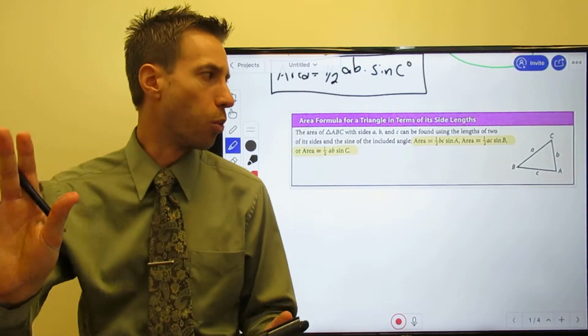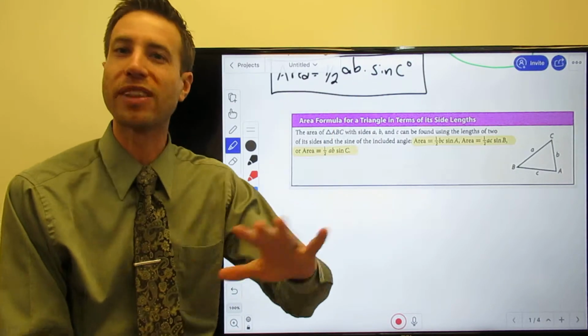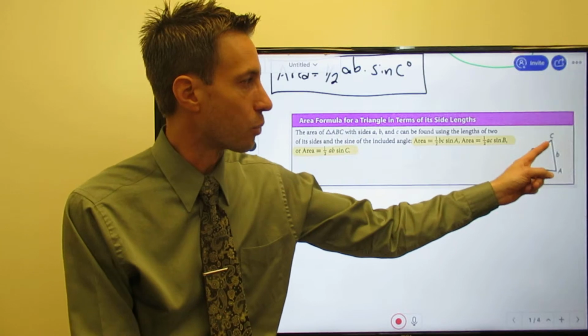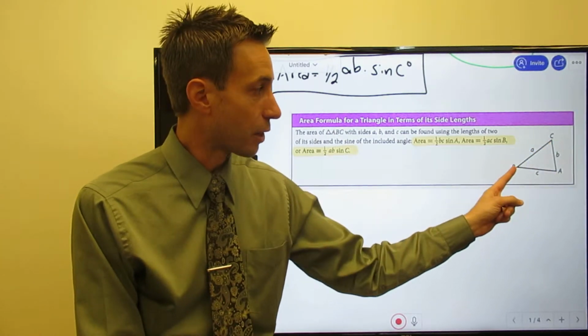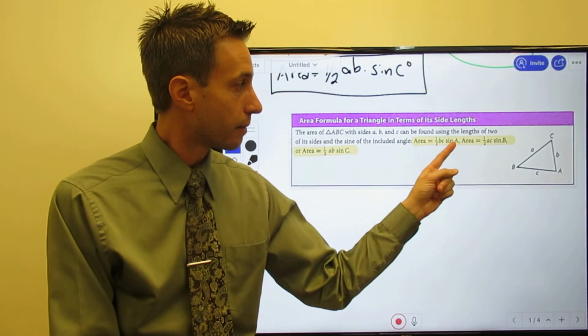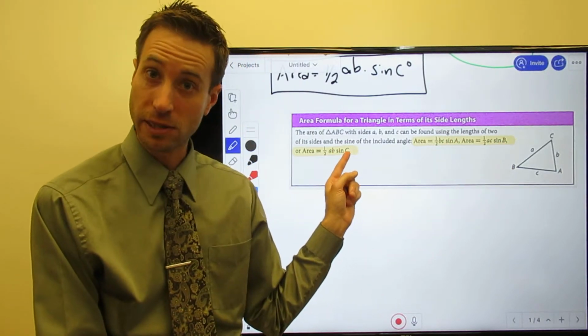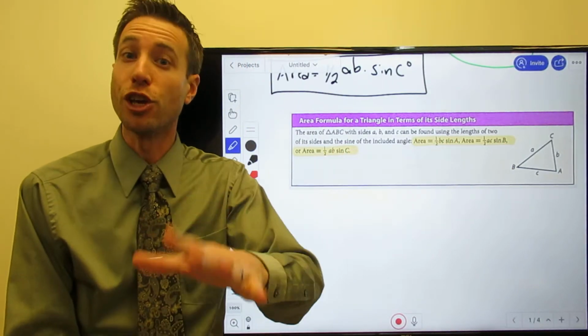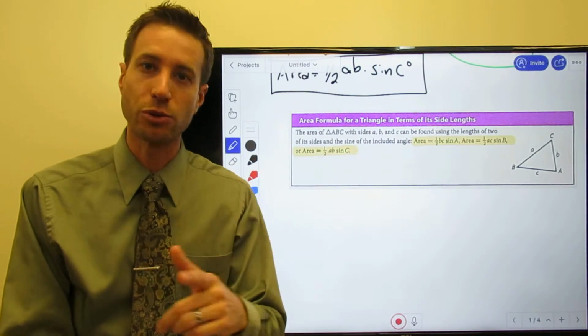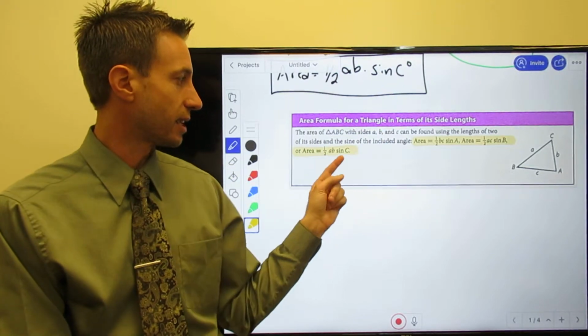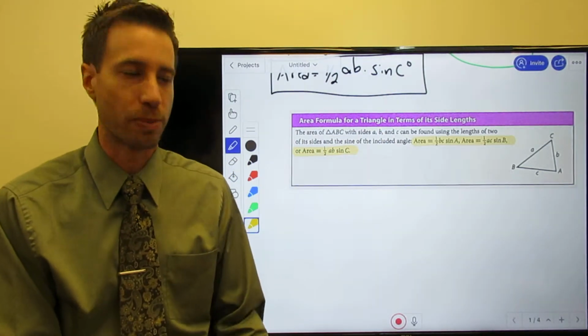Say, hold up a second, whoa, whoa, whoa, why are there three? We only found, well, that's because I only showed you how to find one of them. Remember, I said it doesn't matter whether you use angle C, angle B, or angle A. Sine of A, sine of B, sine of C, right? It doesn't matter which one you use, you can find the area of the triangle using any one of them. Okay, I just showed you how to find this one, the sine of C, this guy. Okay, whatever, no big deal.